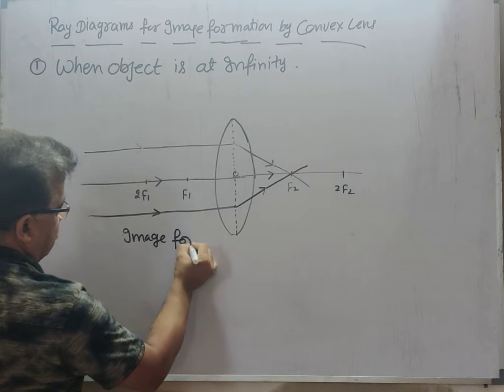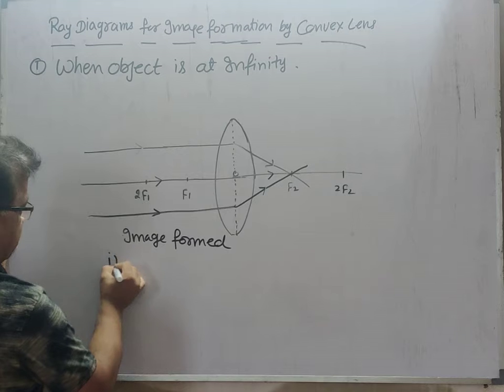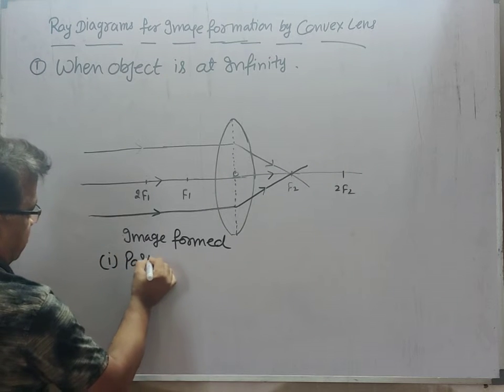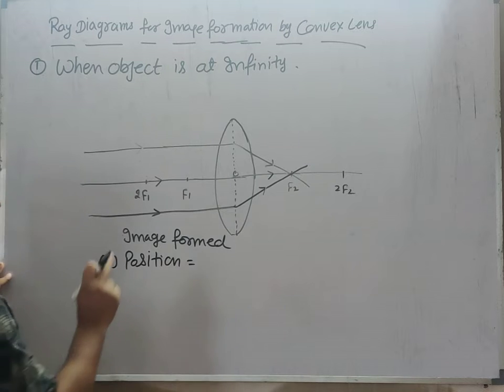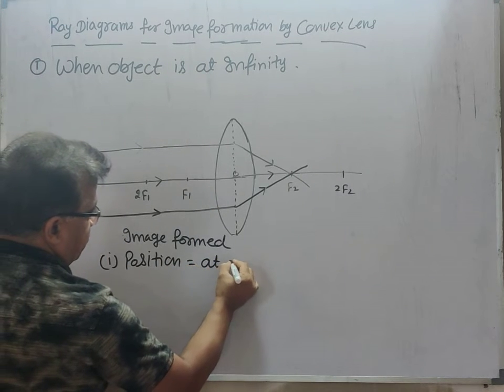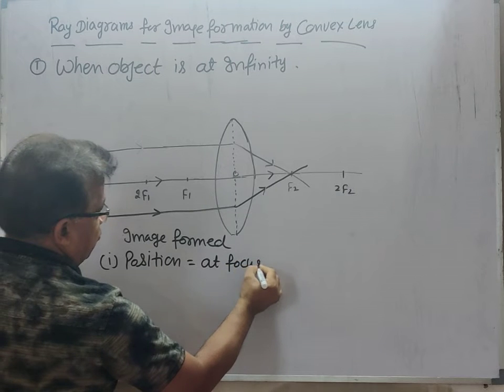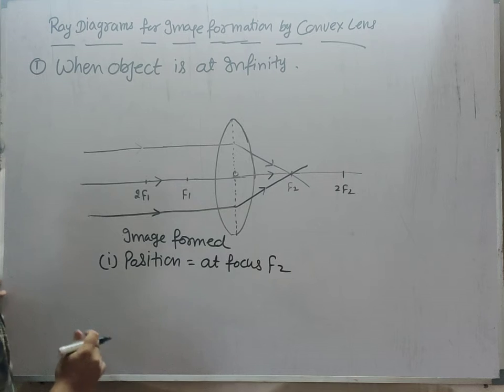So we are observing the image formed. Number 1, what is the position of the image? It is at focus f2, that is the focus point on the other side.